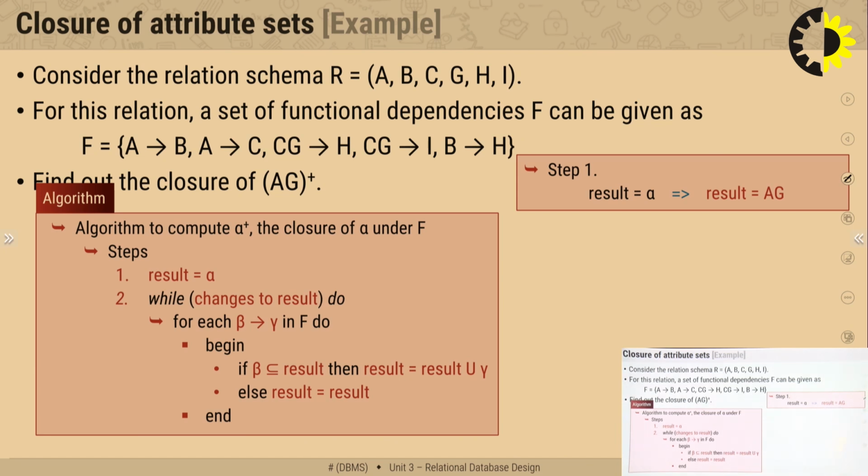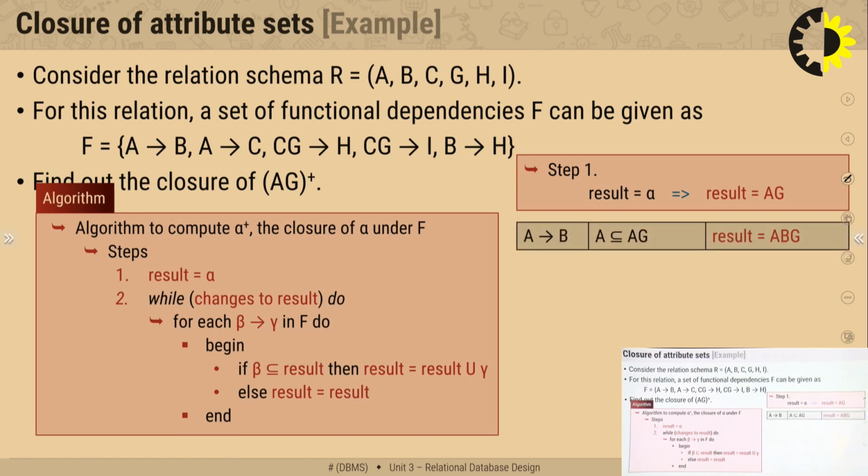Now next, first FD is A determines B. Now this A is a subset of AG. Then result equal to AG union B, that is ABG.